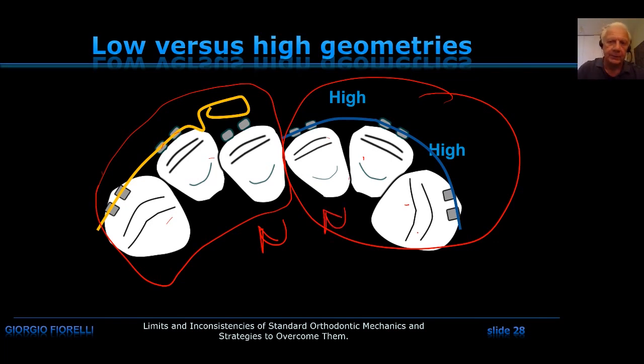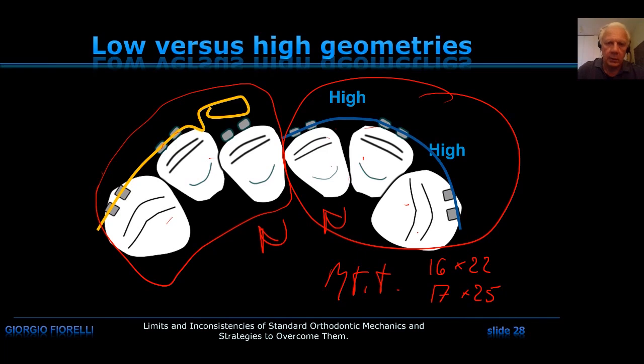One other thing that we should stress: since you are working in this condition with high geometry, you can work also with wires that allow for control of the third dimension. So I'm usually doing this with beta titanium, so TMA, most of the time 16 by 22 or 17 by 25.